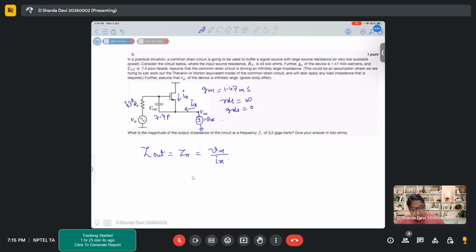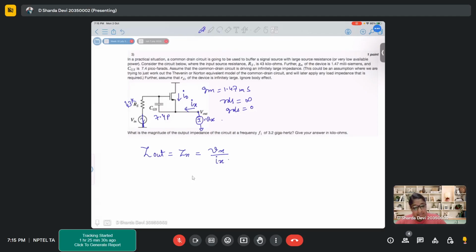And mind you, whenever you are applying a source, like here, let's say you are applying a Vx, you cannot have Vn simultaneously. At a time only a single source will be in action. So that's why we are shorting this source Vn, and we'll only see the effect on the circuit due to this Vx.